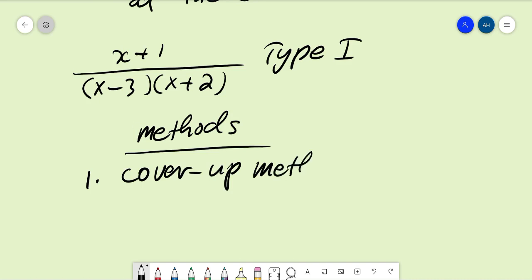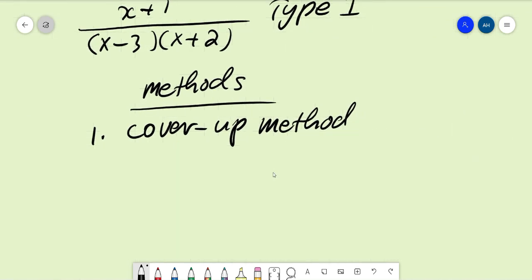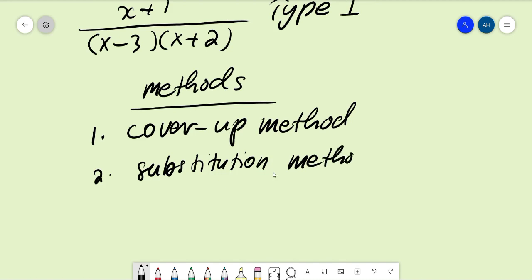Number 2, we call it the substitution method. And number 3, we are going to explain how to use the comparing method.